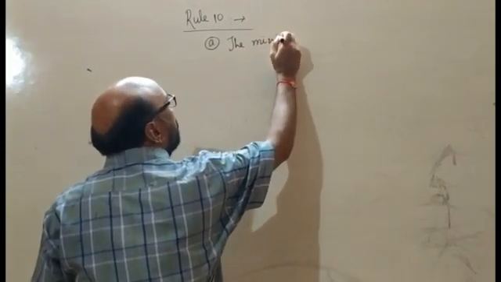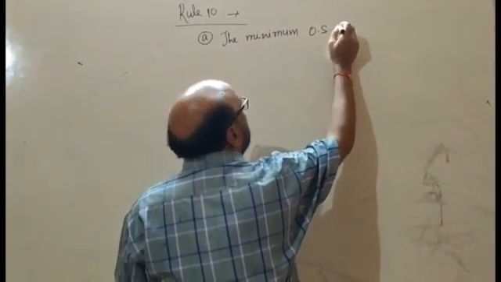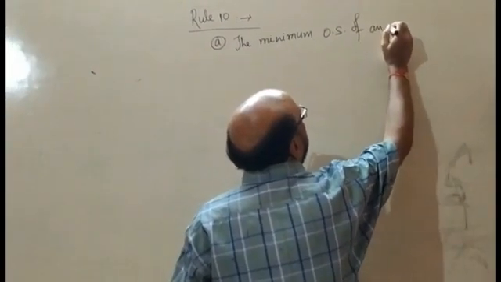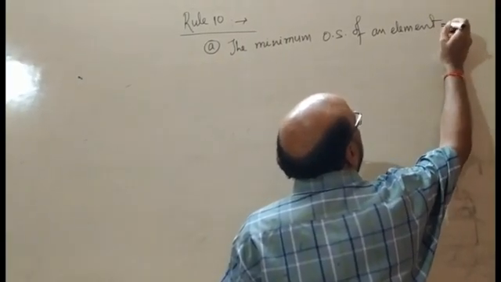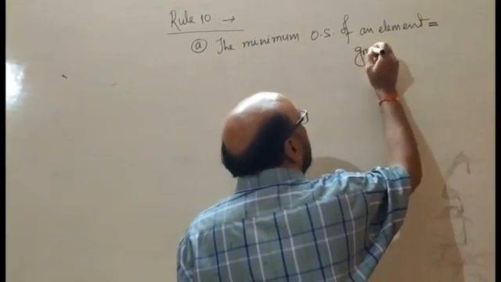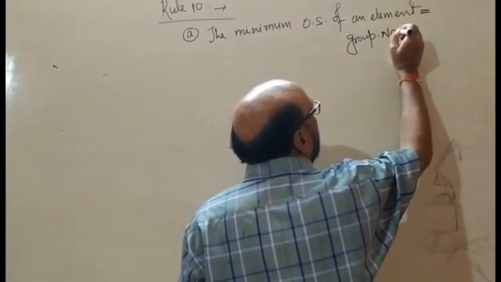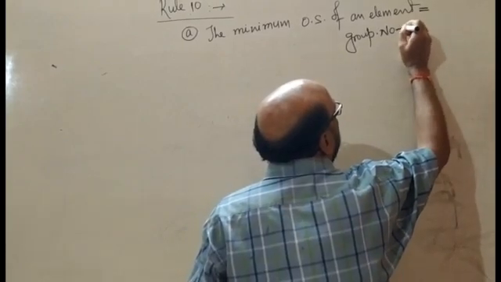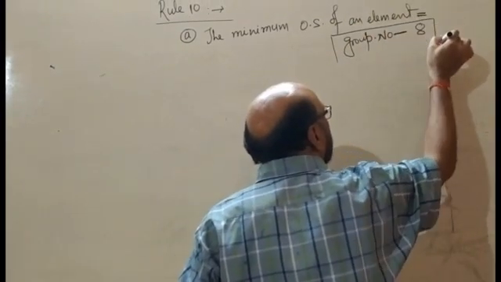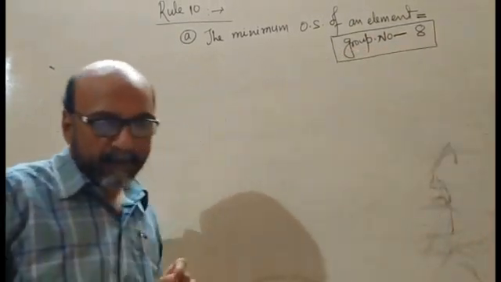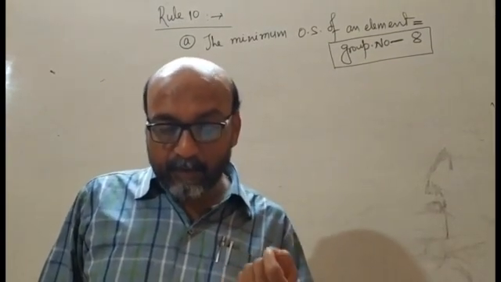The minimum oxidation state of an element is equal to its group number in the periodic table minus 8. Group number minus 8. How can we understand this rule?